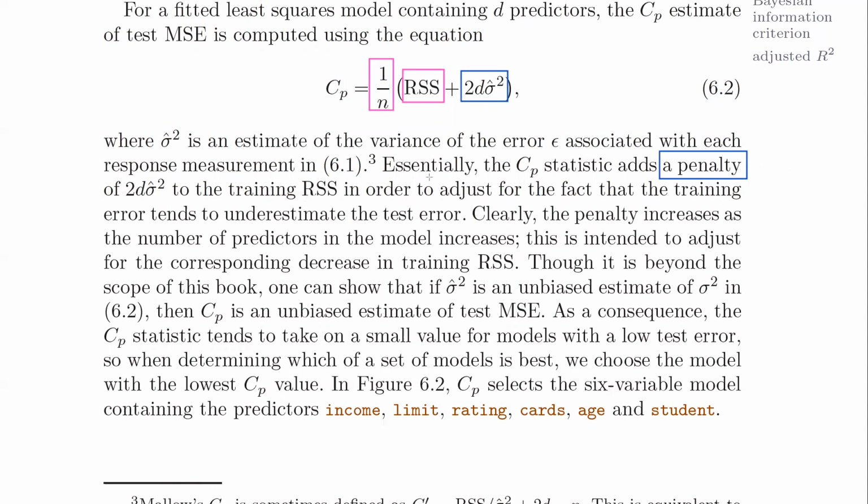It is added to the training RSS in order to adjust for the fact that the training error tends to underestimate the test error. Oh, this is really great, because if you've done a lot of overfitting, if it's a model that follows maybe too closely the data, then that will give you a very high variance and you get a very high penalty.